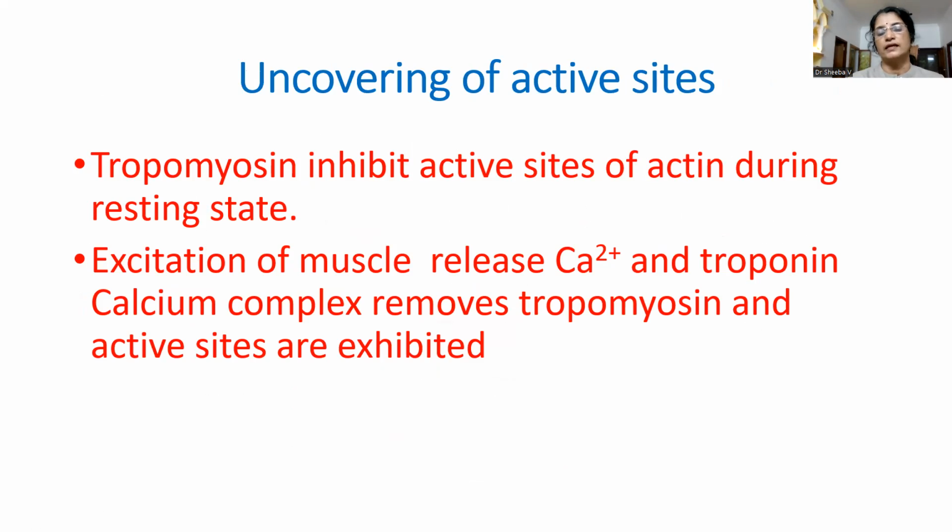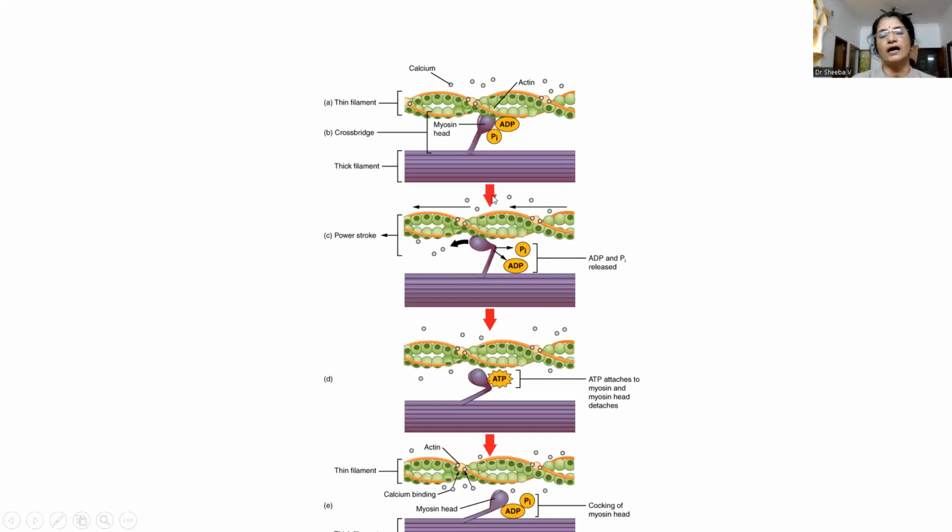Excitation of the muscle releases calcium, and the troponin calcium complex removes the tropomyosin, and the active sites are exposed for the binding of the myosin cross bridges. Here you can see the tropomyosin is removed and the active sites are exposed.